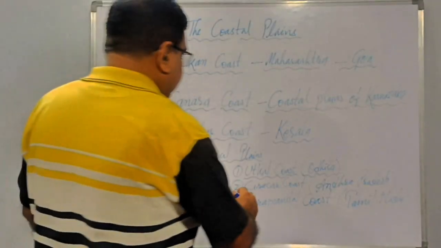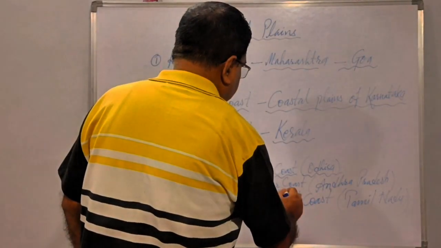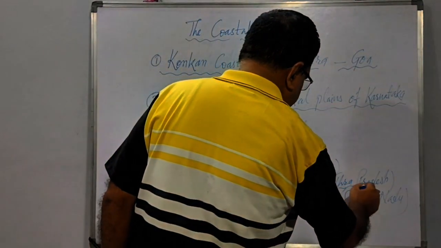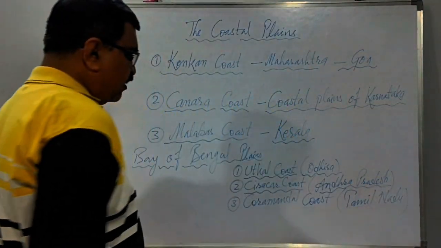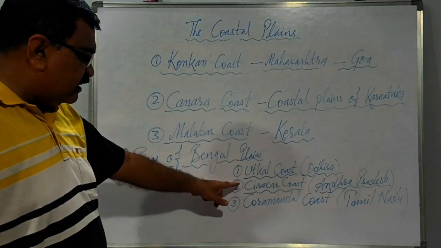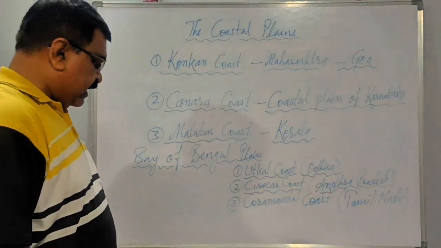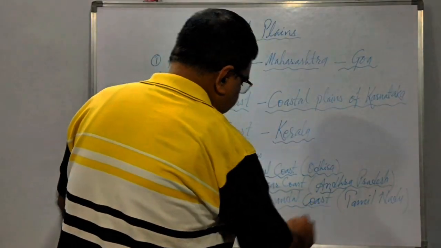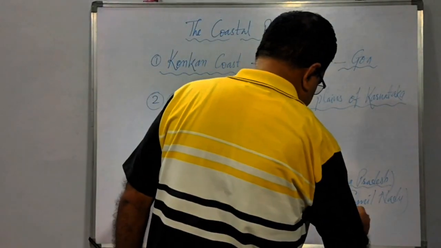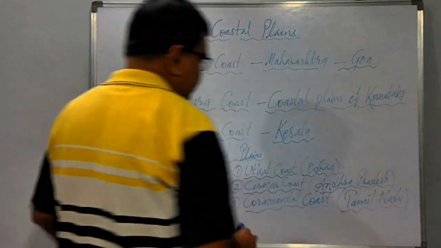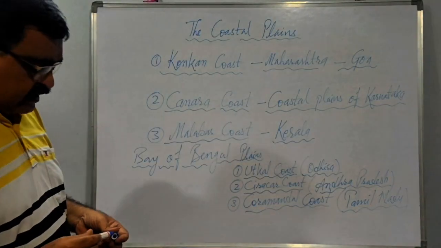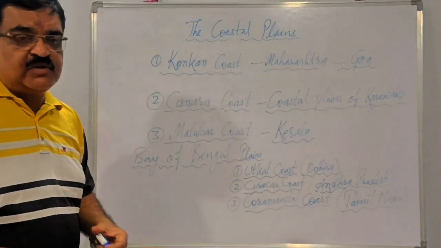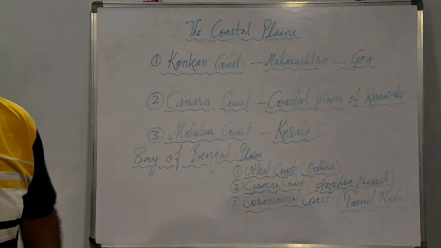Next comes the Circar coast, which covers the state of Andhra Pradesh, and the last one is the Coromandel coast. The Coromandel coast covers most of the coastal regions of Tamil Nadu.